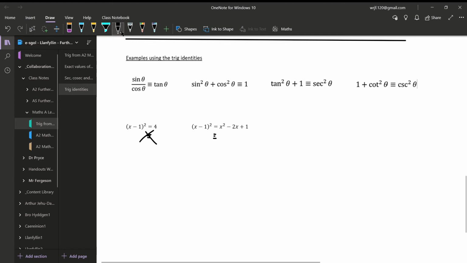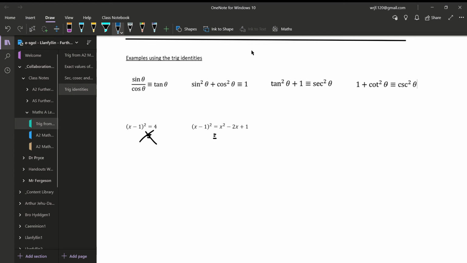They can be used for algebraic rewriting, to write something in a different way, and very often exam questions just say show that or prove that this expression with some trig in it can be rewritten as, or is identical to, another expression with trig functions in it.